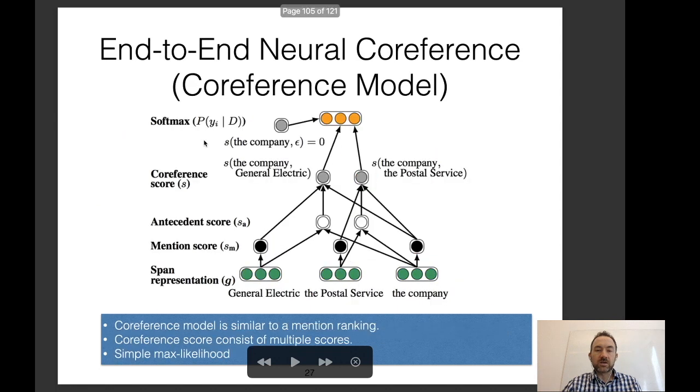So then if we move on to the next part, now we calculate a pairwise score. And the way it calculates a pairwise score is we have each of the individual mention scores added together with an antecedent score, which calculates the congruence between these two span representations.